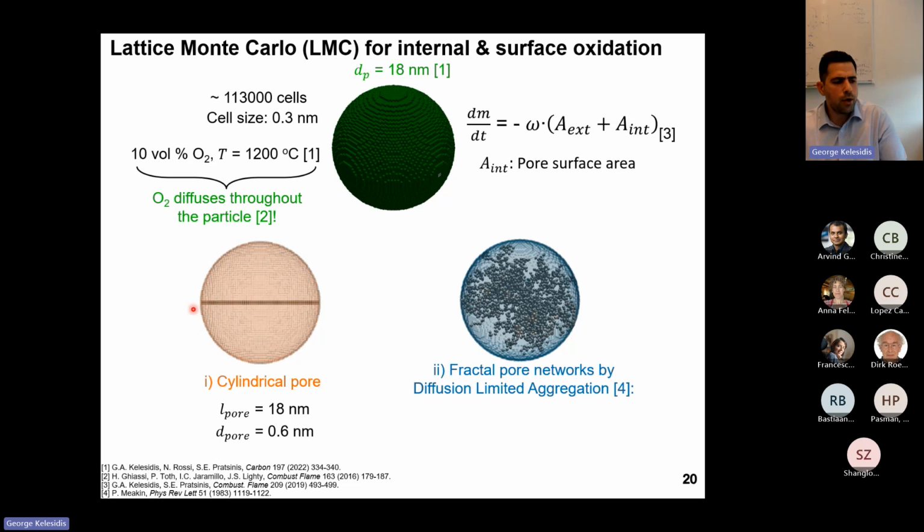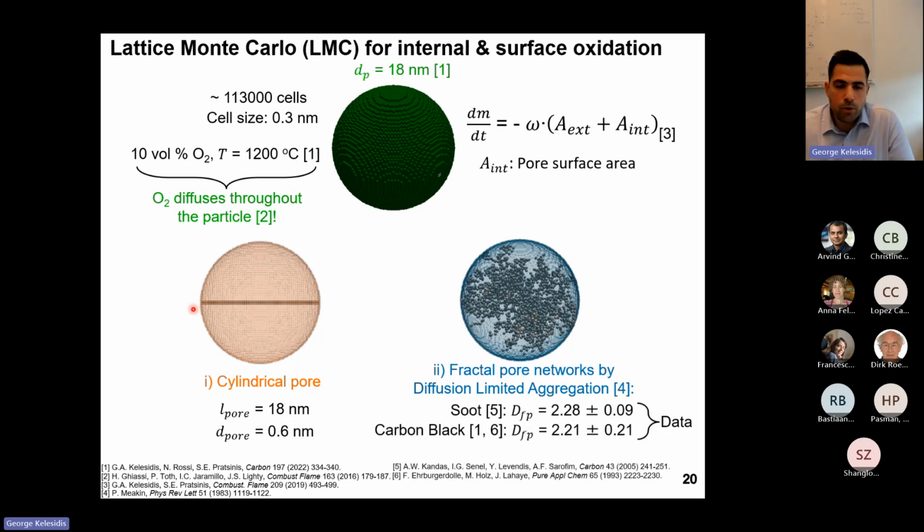For your information, the pore fractal dimension that has been measured for soot and carbon black nanoparticles ranges between 2.28 and 2.21. So the pore fractal dimension that we obtained over here by diffusion-limited aggregation over more than 50 pore networks is in good agreement with the measured pore fractal dimensions.